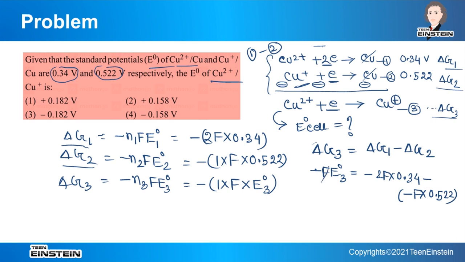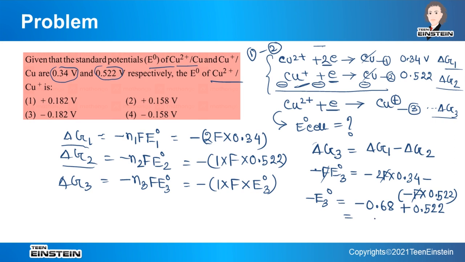So all the F are cancelled, right? And here, let the negative sign be there. So it is minus 2 into 0.34, 0.68, and minus minus will be cancelled, so it will be plus 0.522.